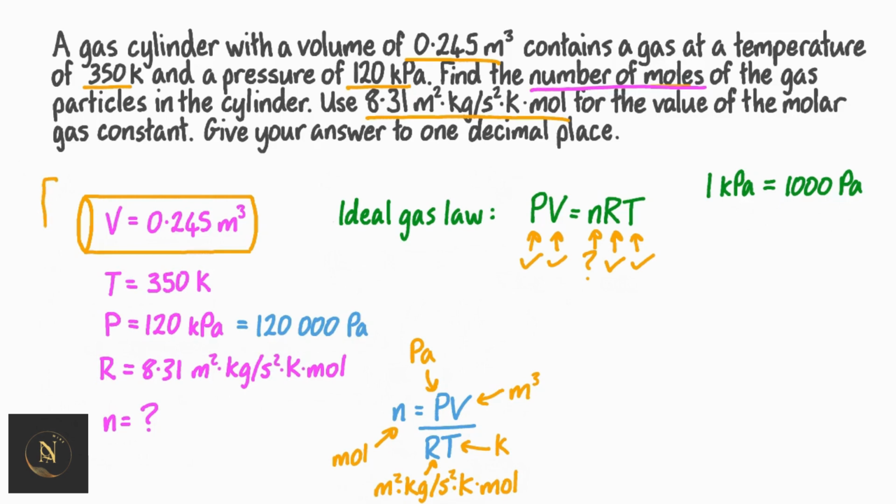Now that we've got all of these quantities expressed in SI units, we're ready to substitute those values into this equation in order to calculate N, the number of moles of the gas particles. Let's clear some more space on the screen to do this.